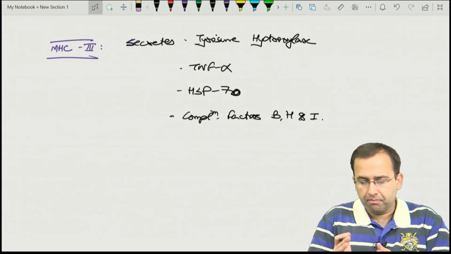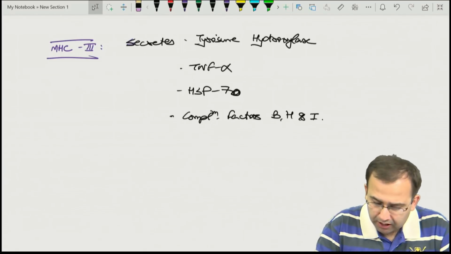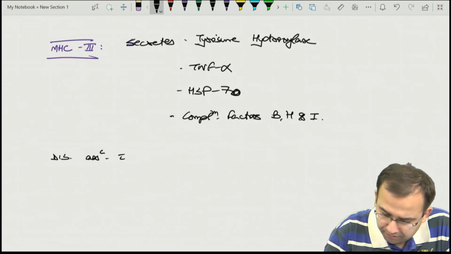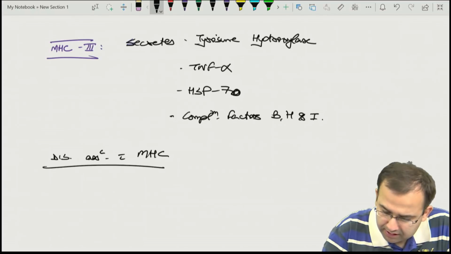Last point, much more important than MHC are the diseases associated with MHC.